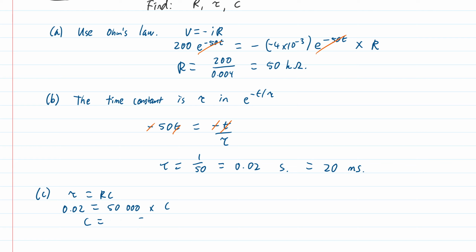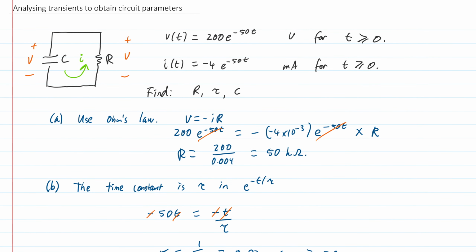I'm just reading the decimal points wrong on my calculator. 0.4 microfarads for that one. So with the expressions for the voltage and current, we can reverse engineer and go back to what our circuit parameters would have been.